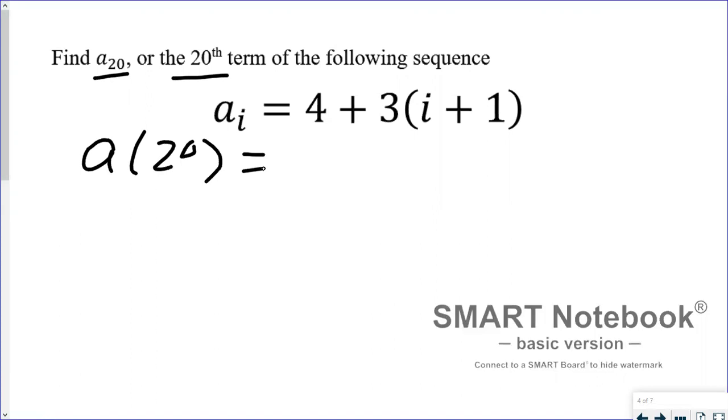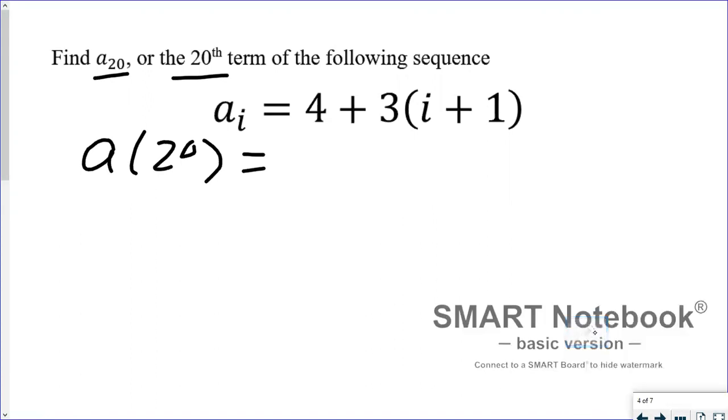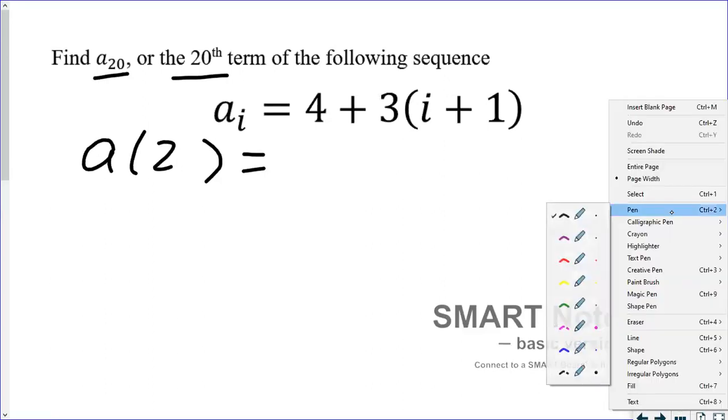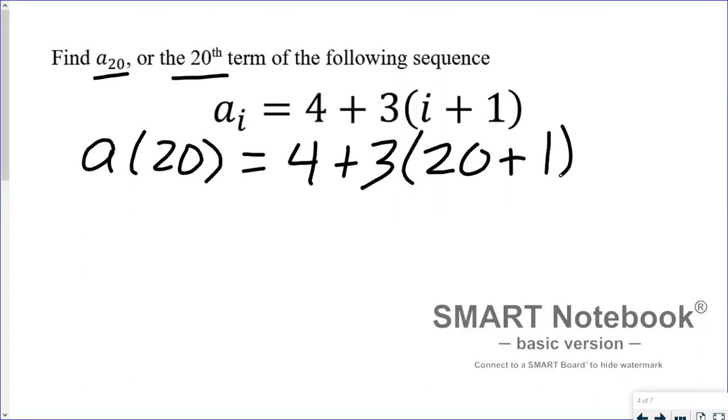A20 equals 4 plus 3 times (20 plus 1). From here on out, all we have to do is simplify to figure out what the 20th term is.